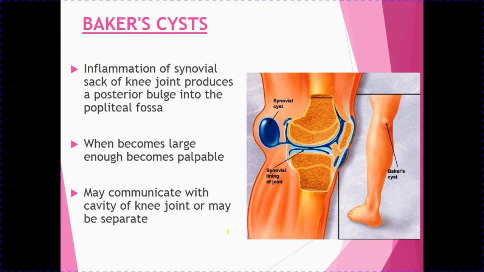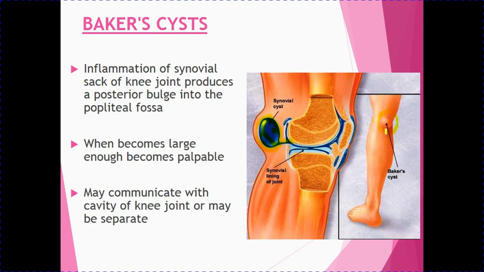Baker's cyst. Sometimes there is inflammation of the synovial sac of the knee joint, and it produces a posterior bulge into the popliteal fossa. See over here, it produces a posterior bulge in the popliteal fossa.